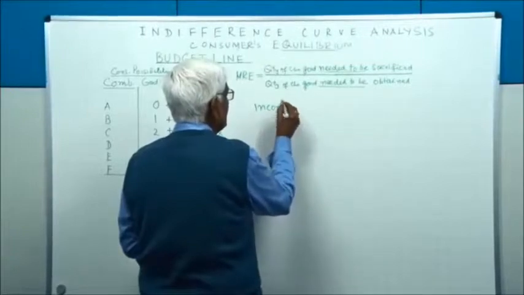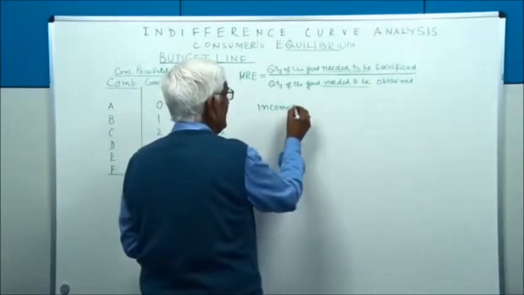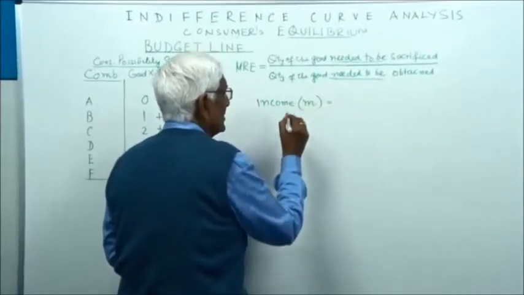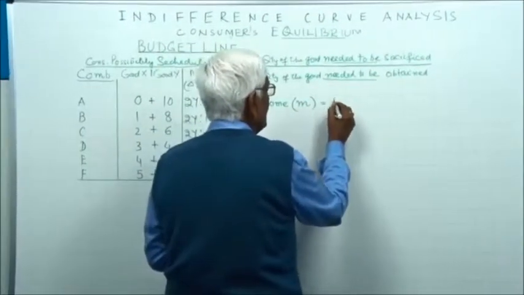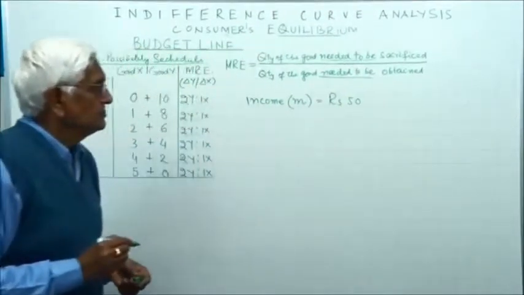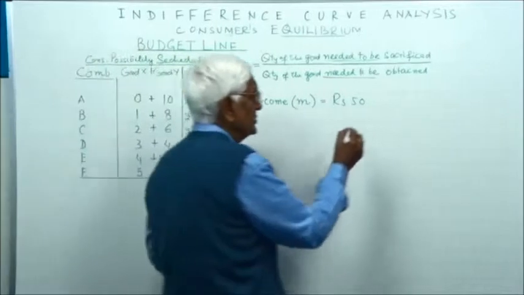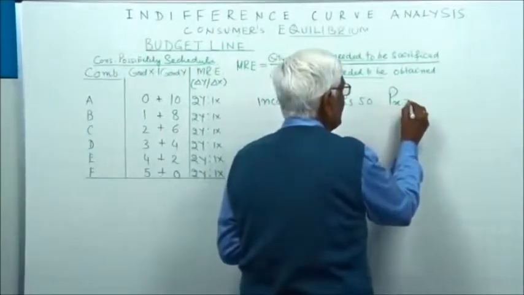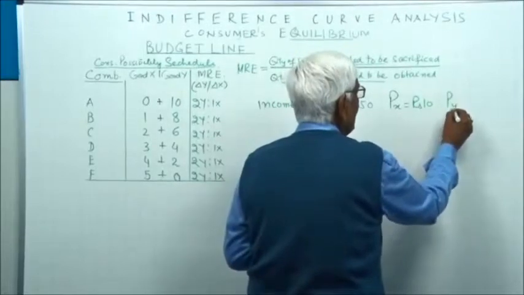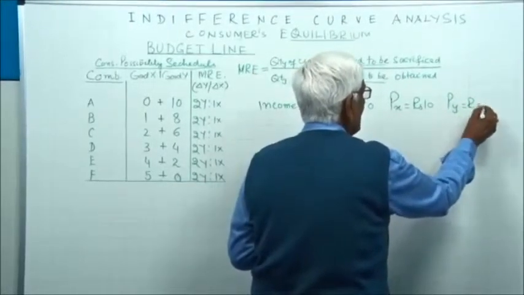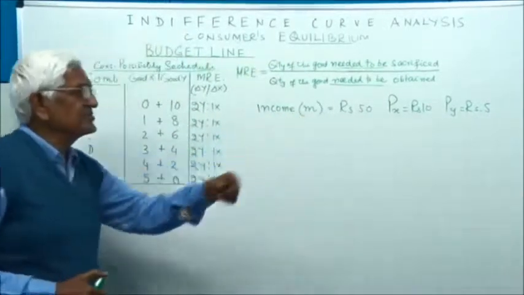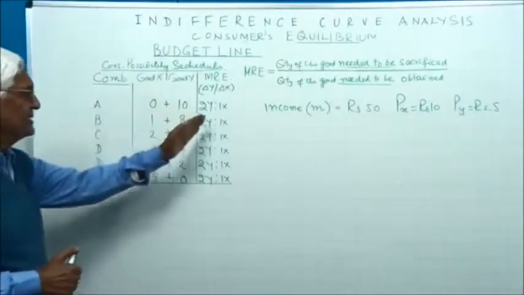We have assumed income, for which a symbol used is M, is taken as equal to rupees 50. And we have assumed price of X rupees 10, price of Y rupees 5. On this basis, we have prepared this table.